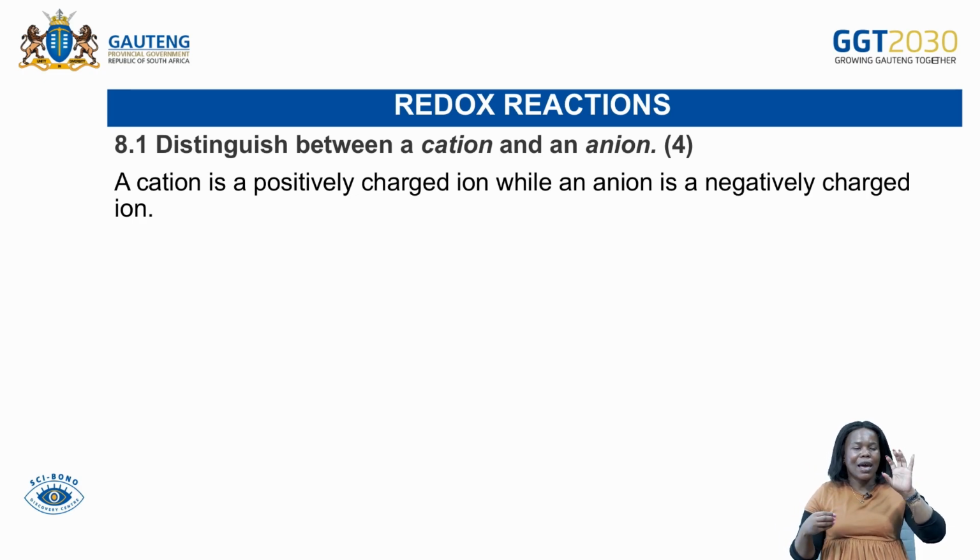So as the metals lose electrons, they become positively charged. Then they become what? Cations. The non-metals gain the electrons that are being lost by the metals, then they become negatively charged because they now have electrons that are in excess.